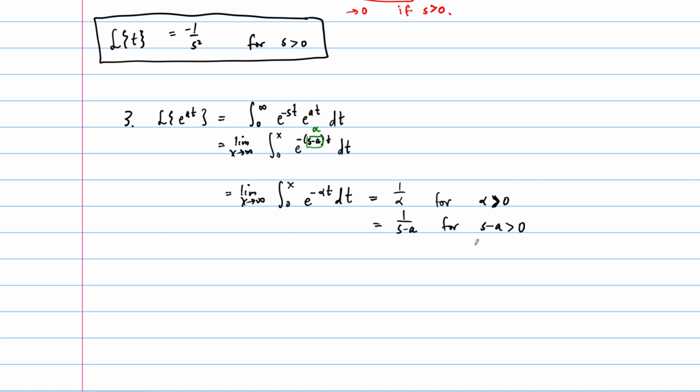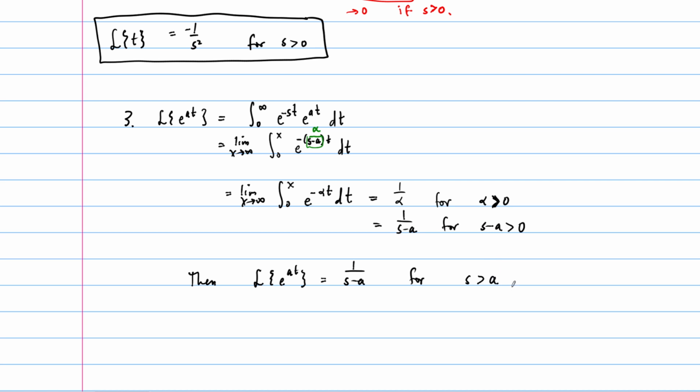And at this point, we can write out our conclusion: the Laplace transform of e to the at is equal to 1 over s minus a, for s greater than a.